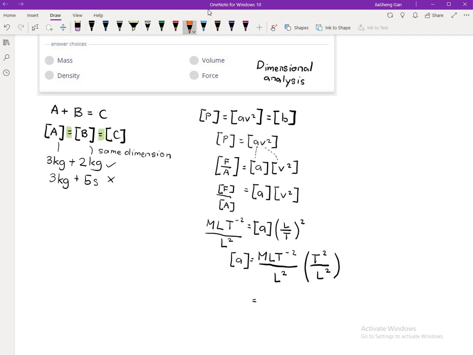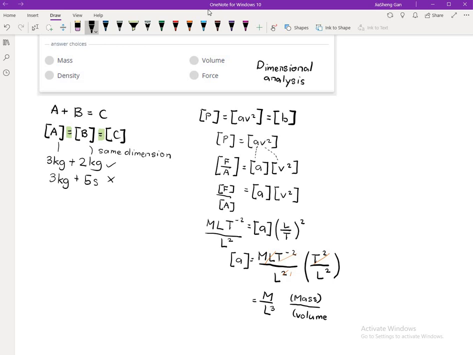Right, T square and T negative 2 cancel each other out. You are left with 1. So what you are left with here will be M over L cube. And M over L cube is just mass divided by length cubed, which is volume.